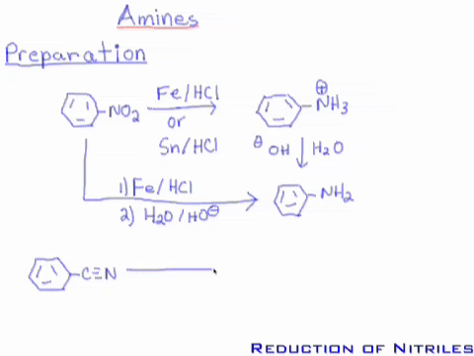Since it is a carboxylic acid derivative, you use lithium aluminum hydride, the more powerful metal hydride. Lithium aluminum hydride, then in a subsequent step, add water, and you will convert your benzonitrile into a benzyl amine.